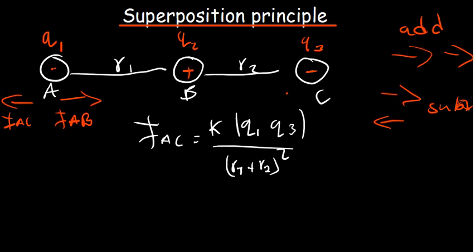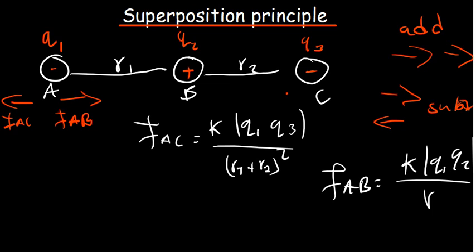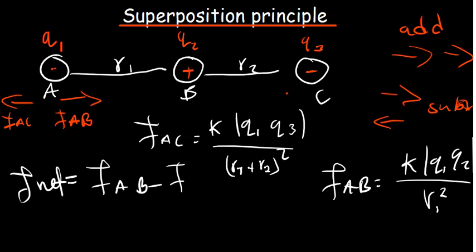Then you also start there with A, B. What's going to happen? K, Q1, Q2, over your R1 squared. You find that. Now when calculating the F net, FC is going toward the negative side, and FB is going toward the positive side. So you are going to say F of AB minus F of AC.